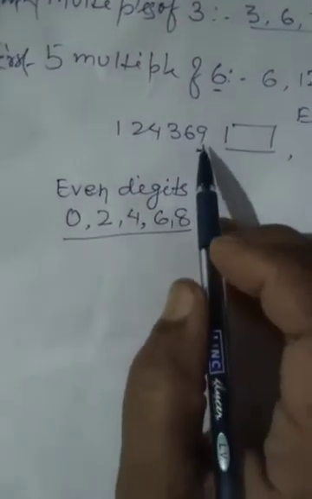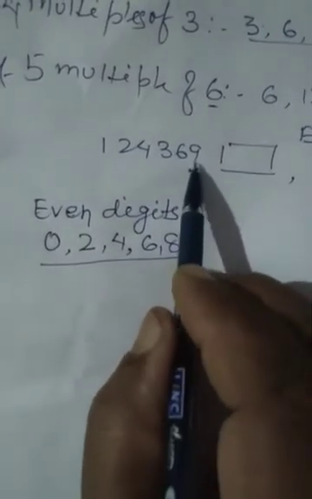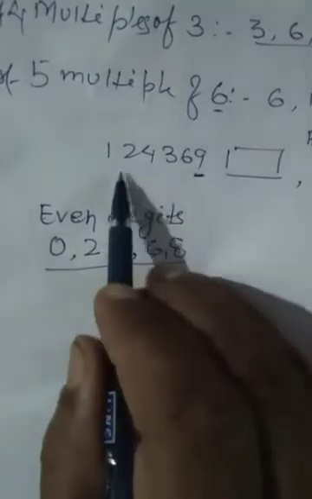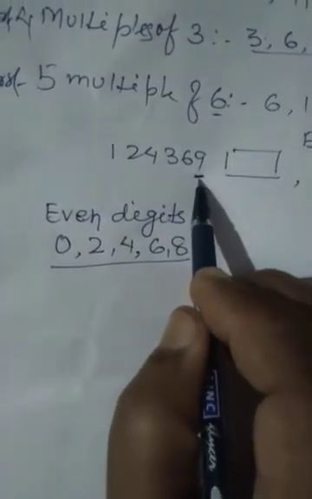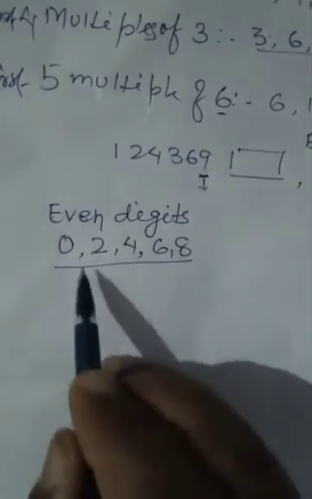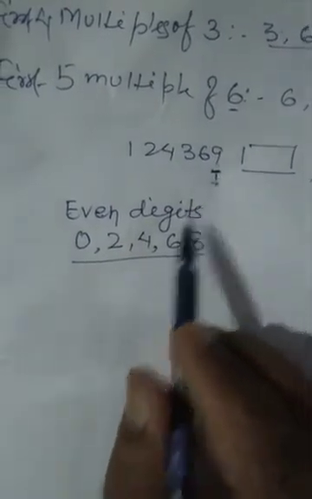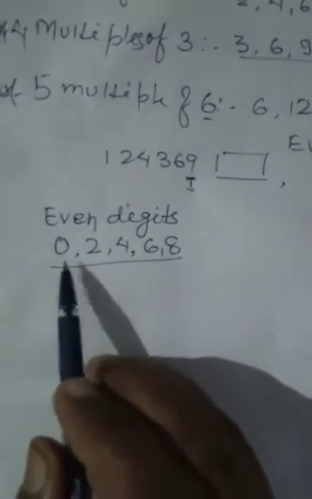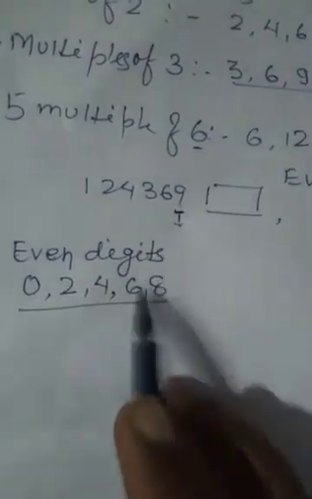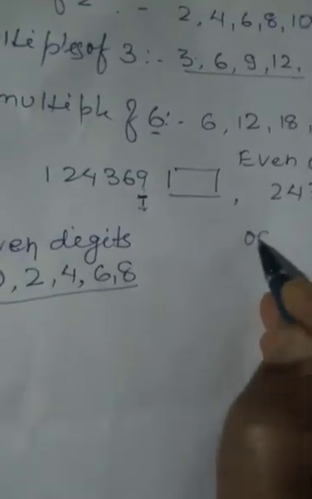That means we start the counting from the right side: ones, tens, hundreds, thousands, ten thousands, lakh. Like this we start. So first we have to check the digit at the ones position, the unit place. If it is 0 or 2 or 4 or 6 or 8, it is even. If it is not, then it is an odd digit.